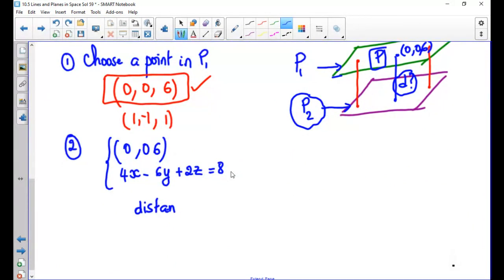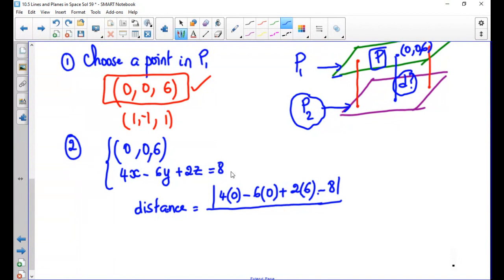We will use the rule, yes. The distance will be the absolute value of 4 times 0 minus 6 times 0 plus 2 times 6, and then minus 8, over the square root of 4 squared plus minus 6 squared plus 2 squared.